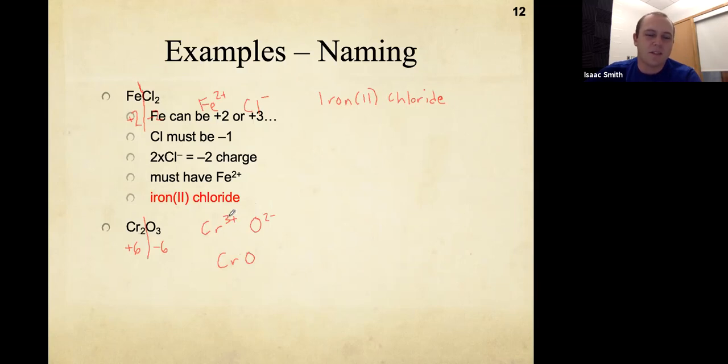So at this point, I think it is easier to just cross over the numbers. The 3 would go on the right and the 2 would go on the left, and you can work that out, but this is what you'd get. Oh, well, we already wrote that, sorry. Well, that's good information. What we really needed from all this is just to figure out that the chromium had a 3 plus charge, because then we can write out the name.